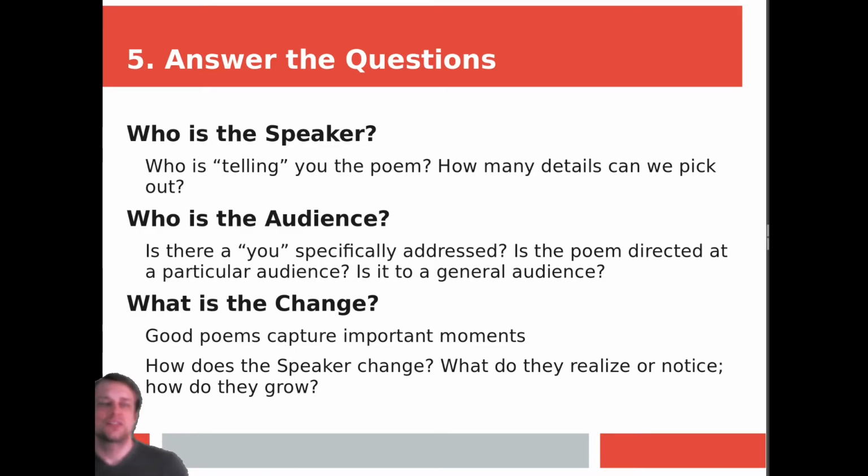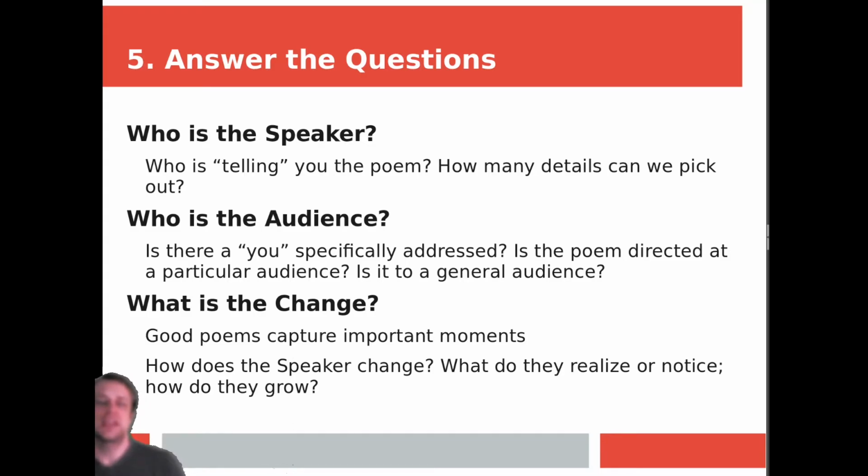The second question is, who is the audience? This is, who has the poem been written for? Sometimes there will be a specific "you," as in, "I read the slide to you," and in that situation you would know that there's someone listening to someone else read a slide to them.